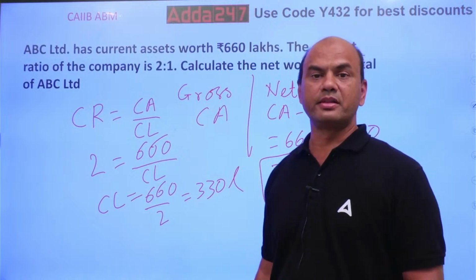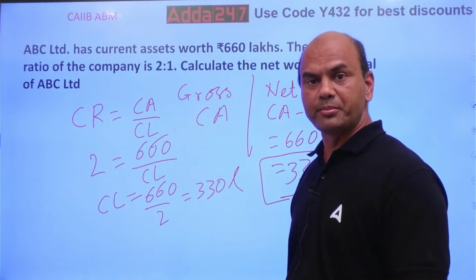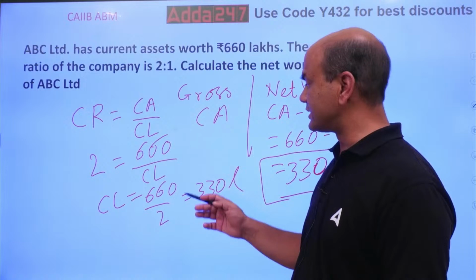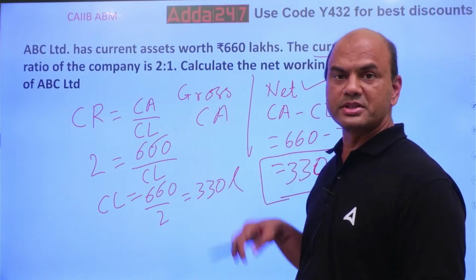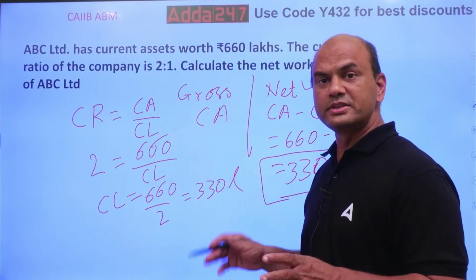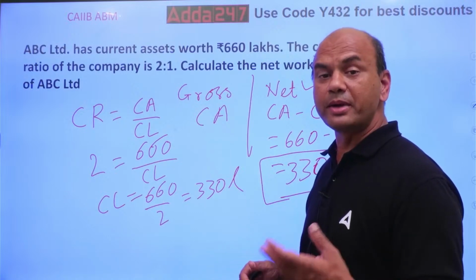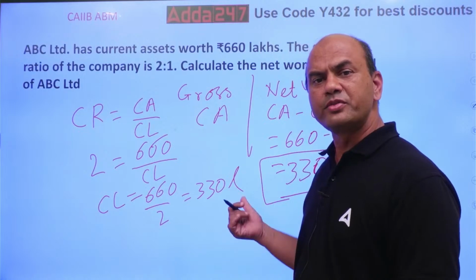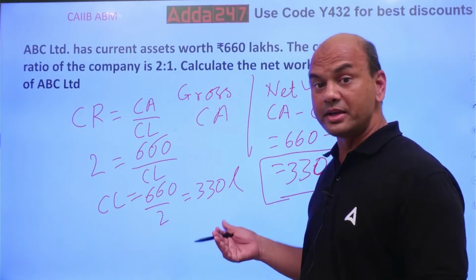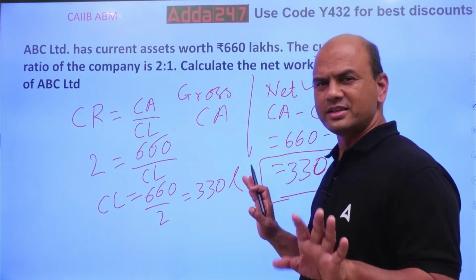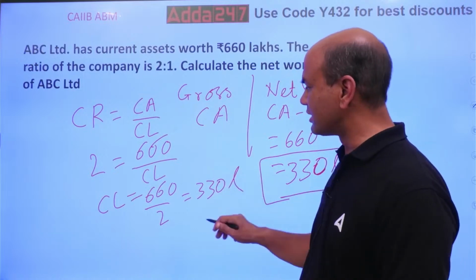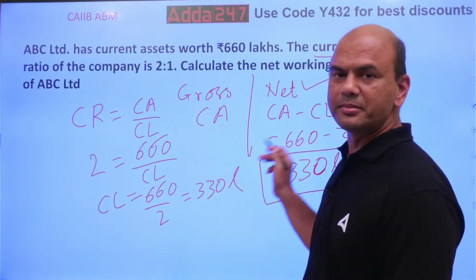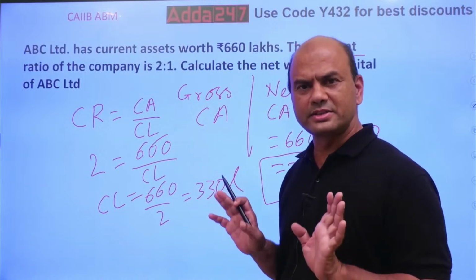Net working capital, or you can call it the net working capital gap. Current assets are this much, current liabilities are this much, so this is known as net working capital or gap. Suppose this comes to you, how much will the bank finance? Assets are 660, liabilities are 330, so liabilities are less.